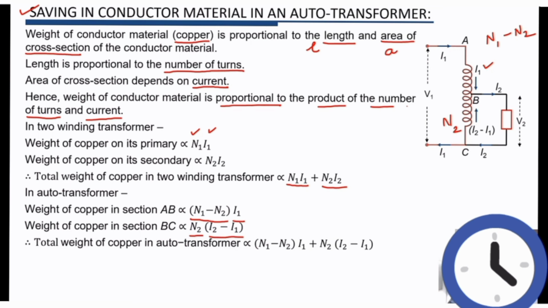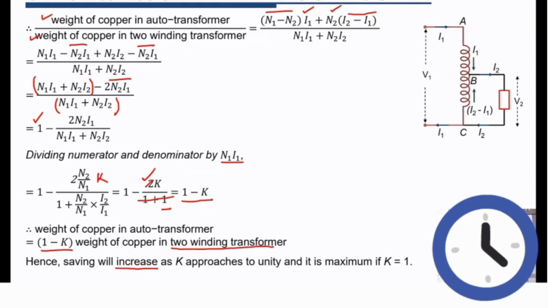So we have to know how the auto transformer efficiently saves copper when compared to the two winding transformer, right? For this we divide the weight of copper used in the auto transformer by the amount of copper used in the two winding transformer.